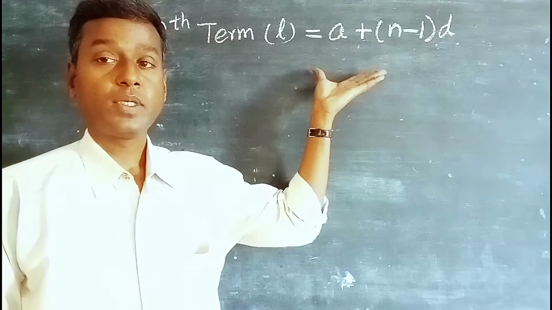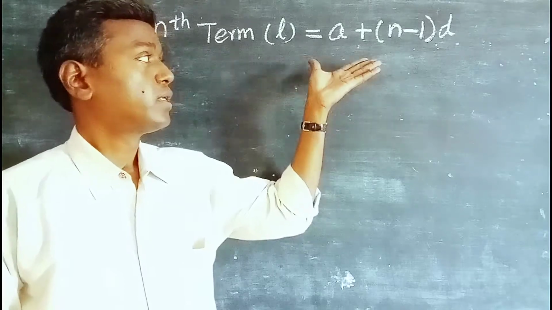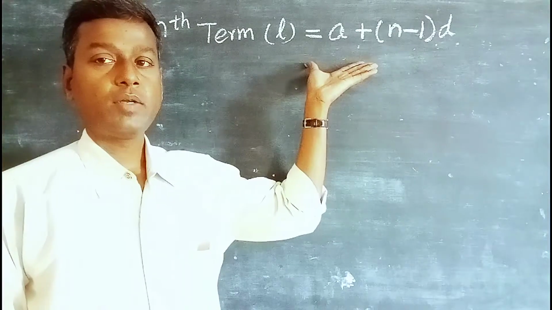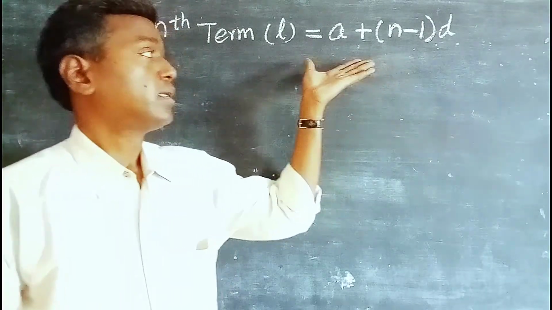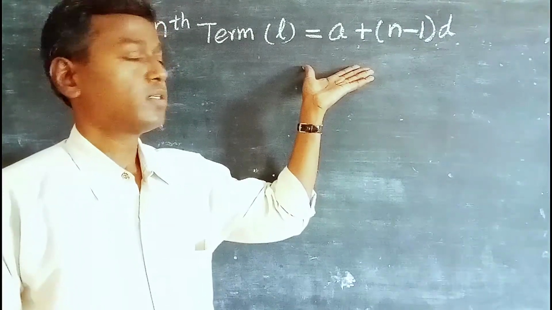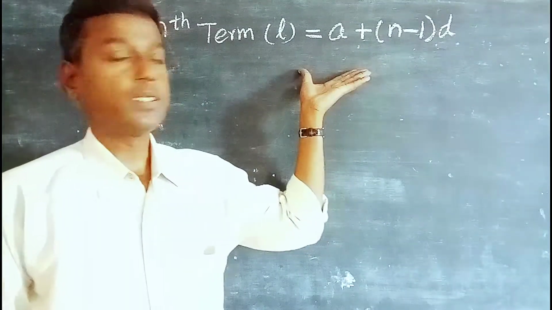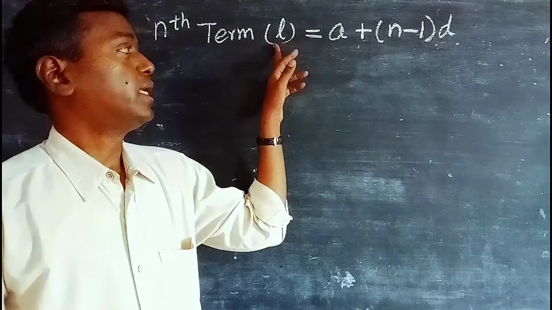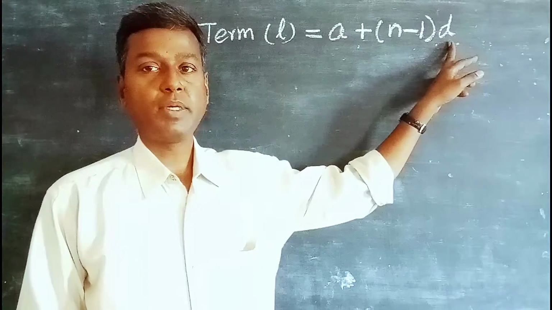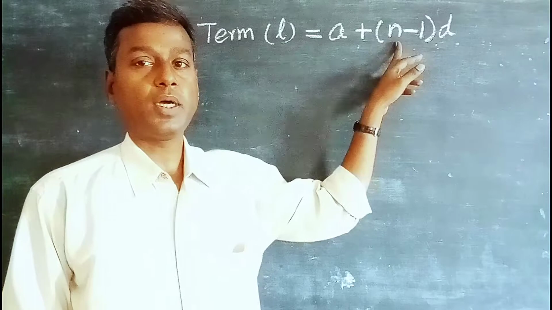The nth term, or last term, of any arithmetic progression is given by the formula L equals A plus n minus 1 times D. This is the general form of the nth term. Here L is the last term, A is the first term, D is the common difference, and n denotes the number of terms.